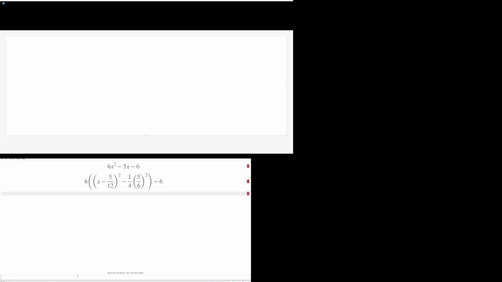So that ends up looking like 6 x minus 5 over 12 squared minus 1 over 4 times 5 over 6 squared, and then because negative 6 divided by 6 is negative 1, add minus 1.